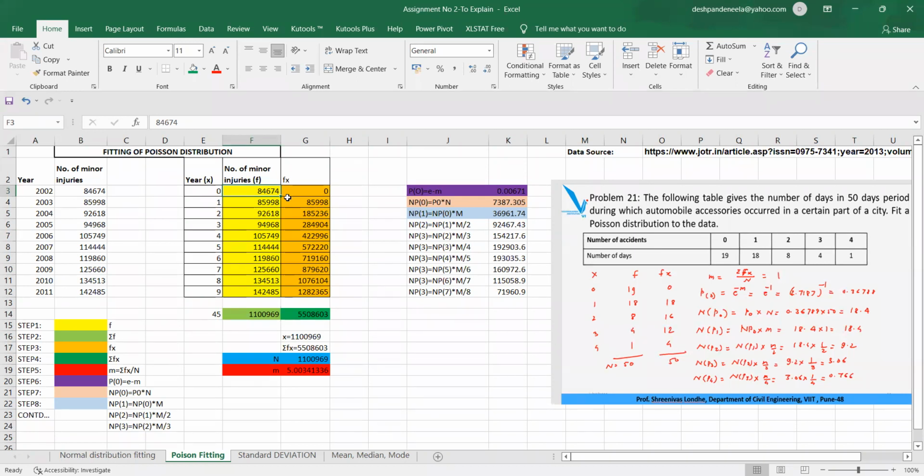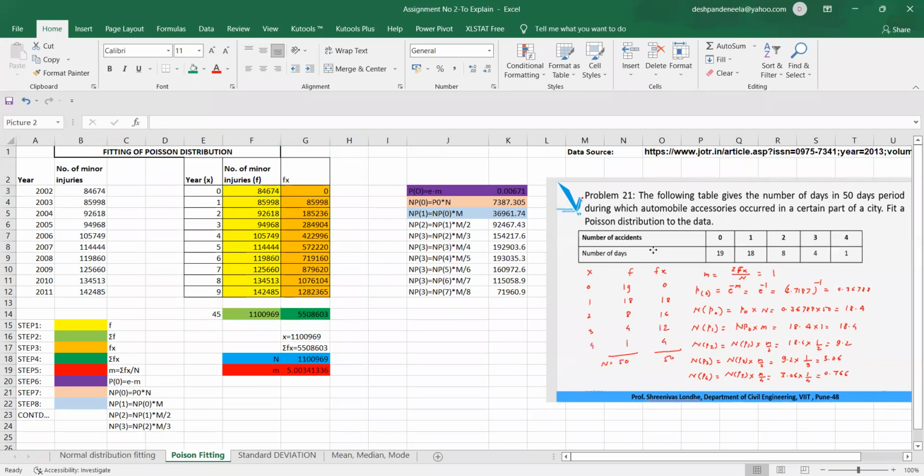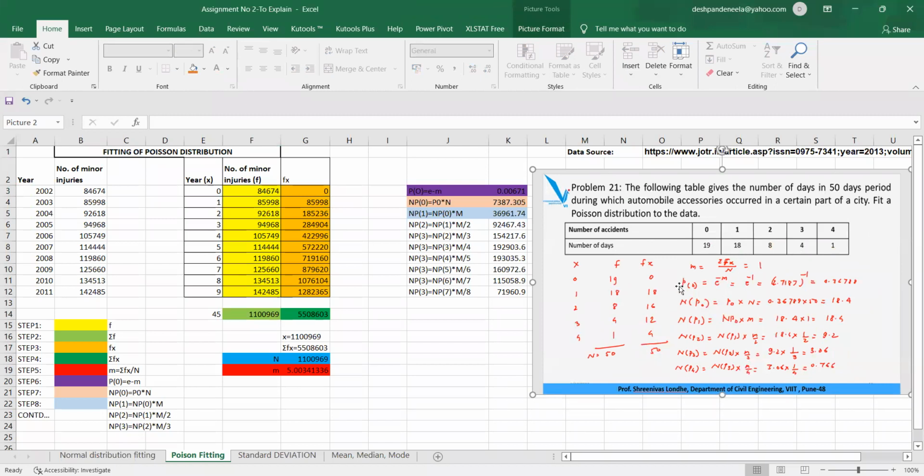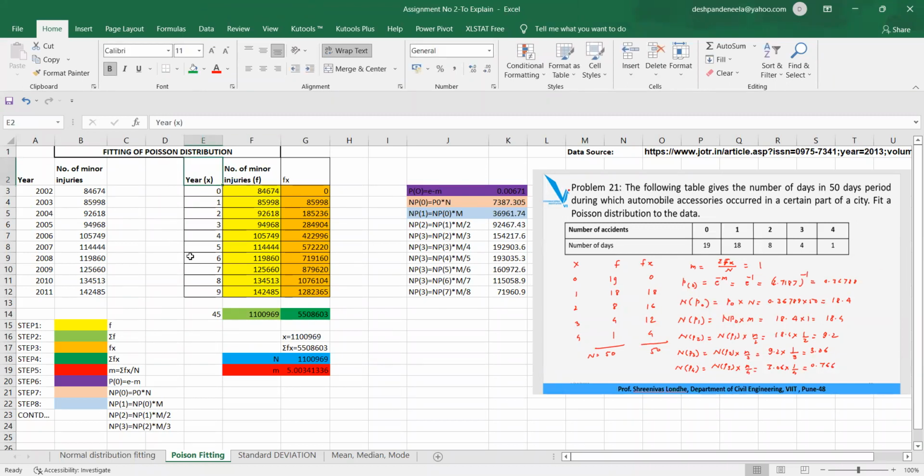Now what I will calculate here is f into x. If you go through those PPTs and see the steps, you first have to calculate m, which is equal to summation fx upon n. And then you have to calculate the further points. For doing that, you first need to calculate f into x. So what is x? x is nothing but the number of years, which is 0 to 9 respectively.